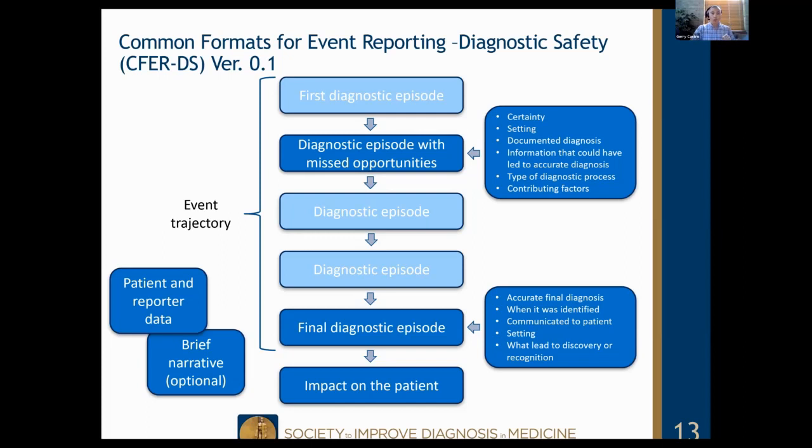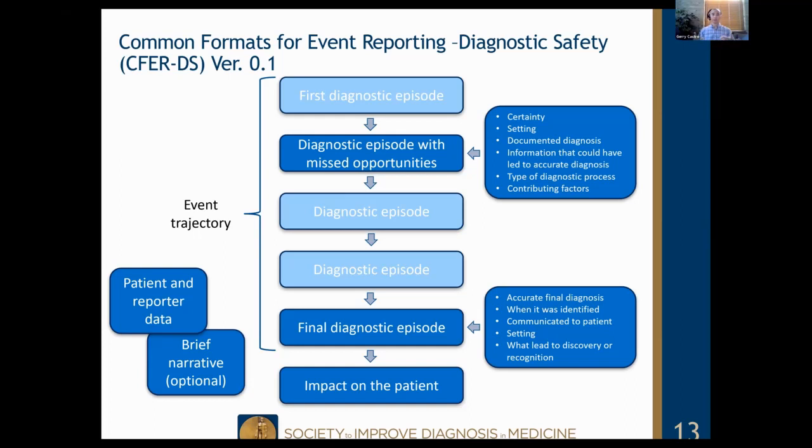The dark blue shaded boxes indicate specific forms, or the sections of the common formats that they're asking organizations to fill out. So from the first diagnostic episode to the final diagnostic episode, there are a number of what they call diagnostic episodes, all right?